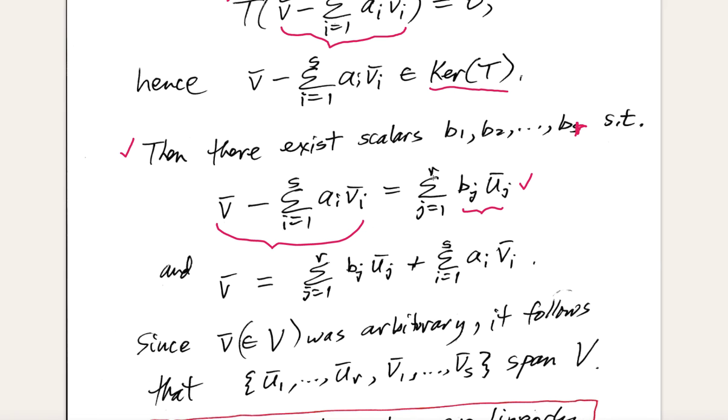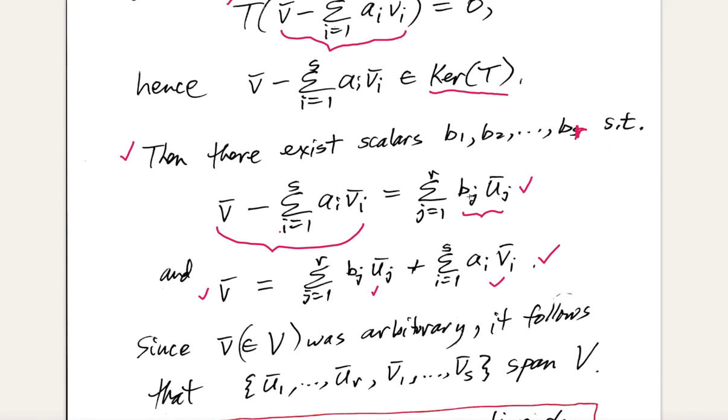J goes from 1 to R, so I'm using different indices in each case, right? But then I can notice here, I could actually isolate V bar, my original vector, by moving the summation back over to the other side. And you see that I have what? V bar expressed as a linear combination of the U's and the V's.